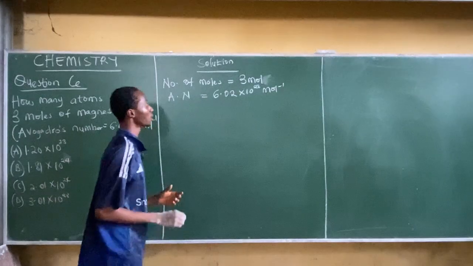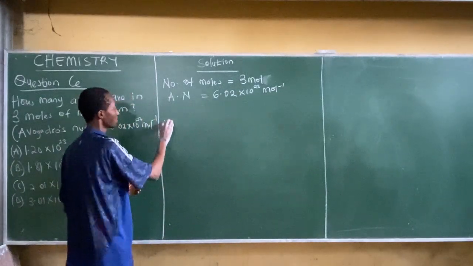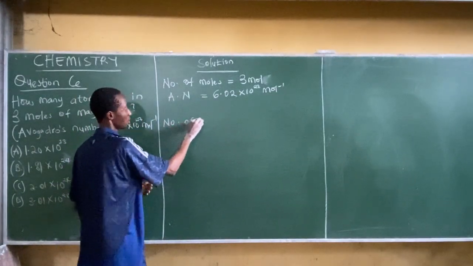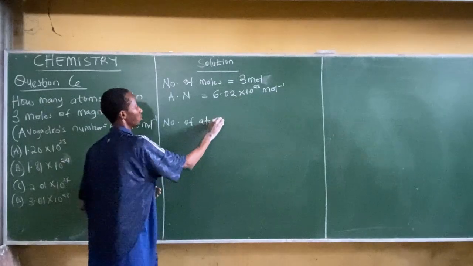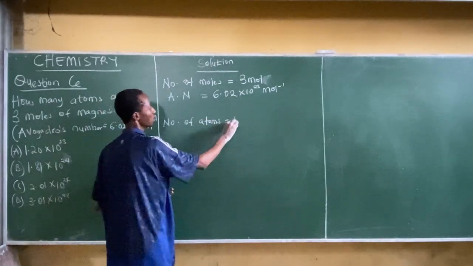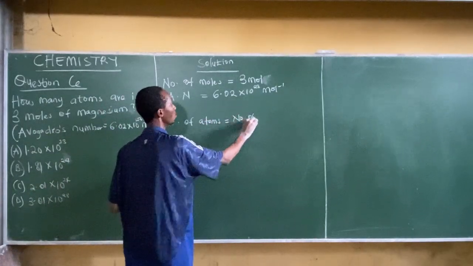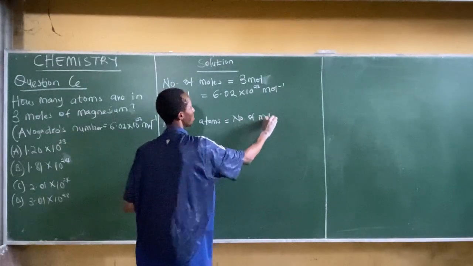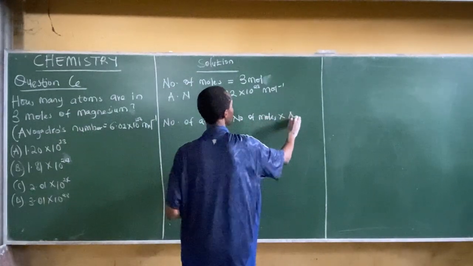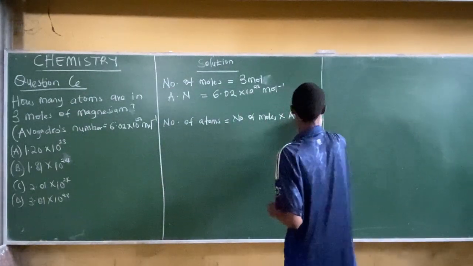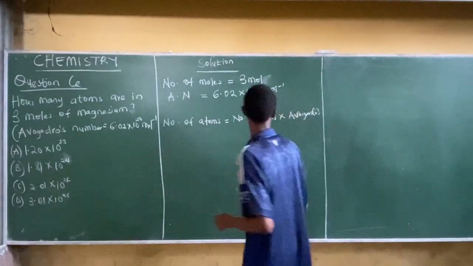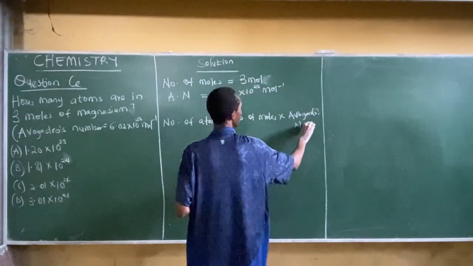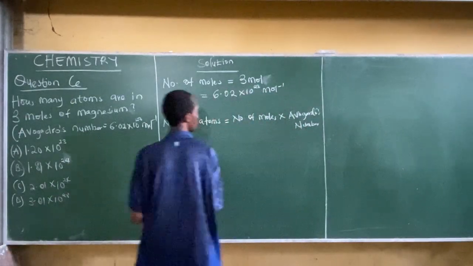Now, recall that number of atoms is given as number of moles times the Avogadro's number.